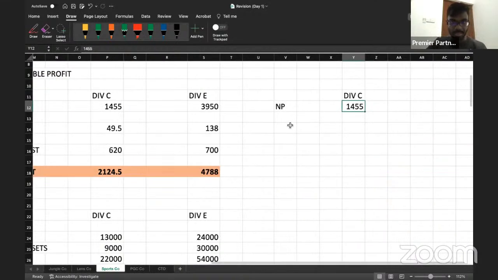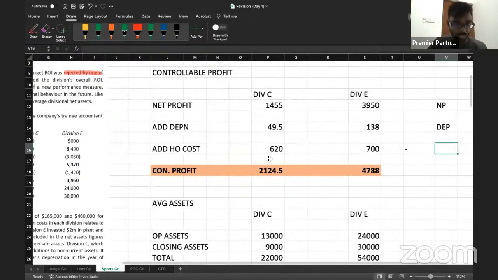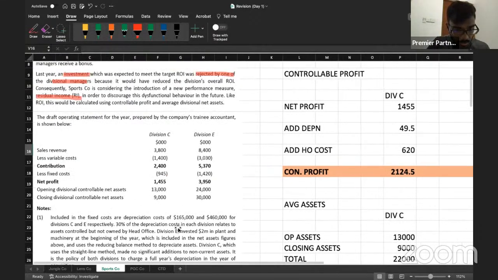Let's add this back. Depreciation, you add 165, right? So now, when you add the depreciation back, it's like there is no depreciation. From this you minus the depreciation that is relevant to you. What is that? 165 into 30%. No, people, isn't that correct?